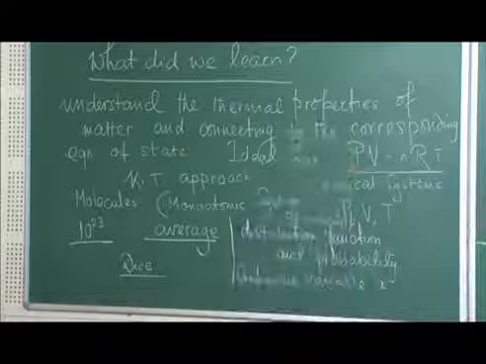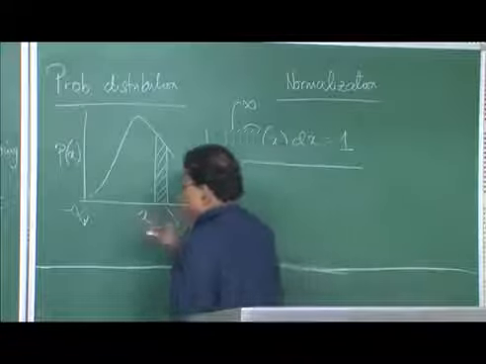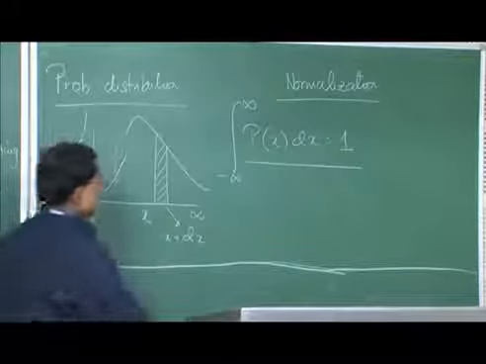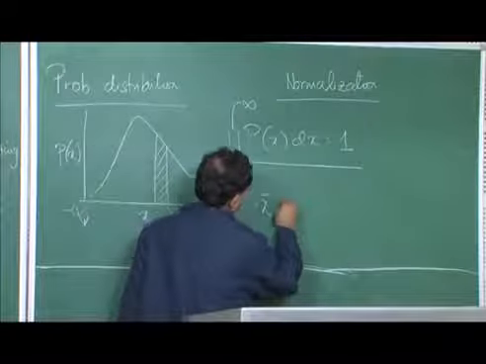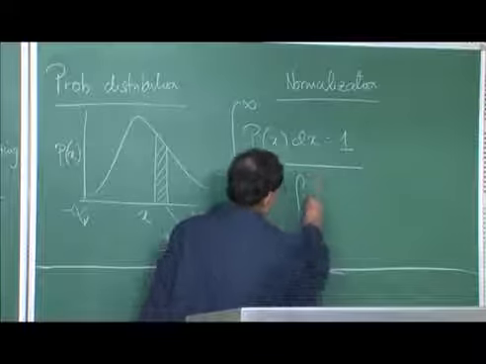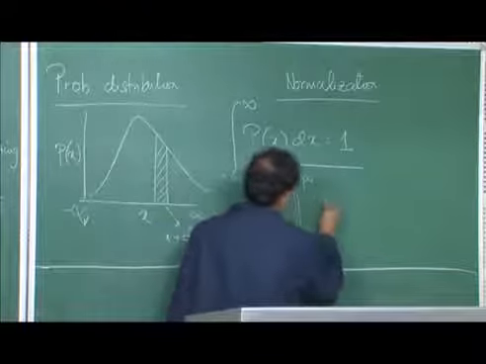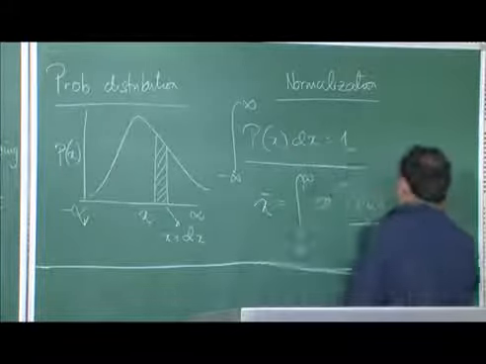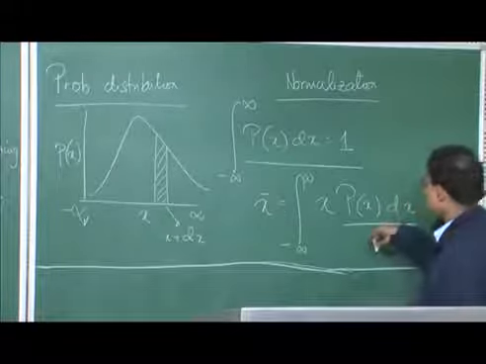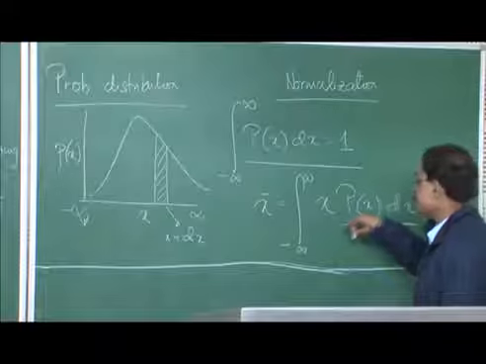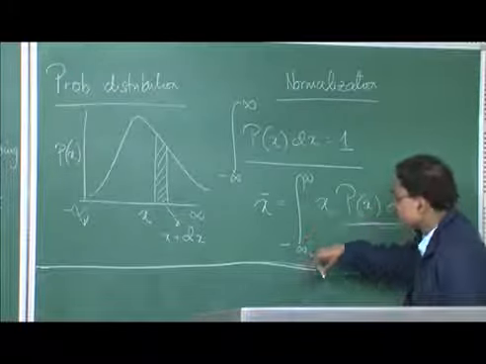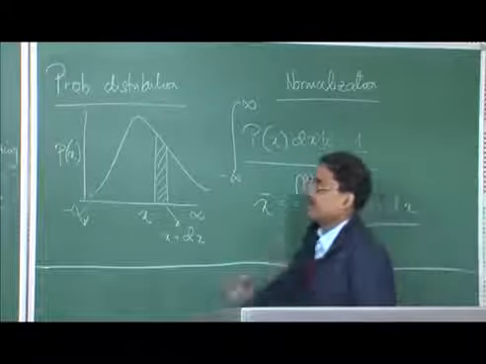The same thing is written in mathematics. Now, you can ask me what is the average value of x? That average value of x will be given by integrating from minus infinity to plus infinity x P(x) dx. Note, P(x) dx is the probability that x lies between x and x plus dx, and the corresponding value is x. So, I integrate, and I get the average value.